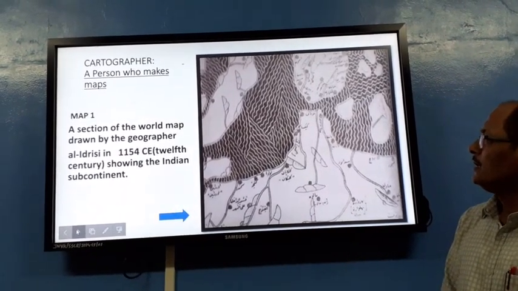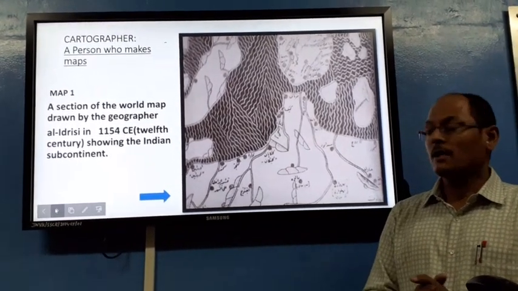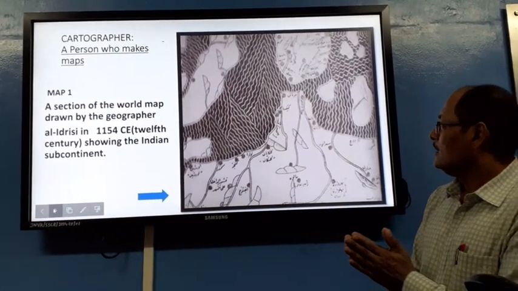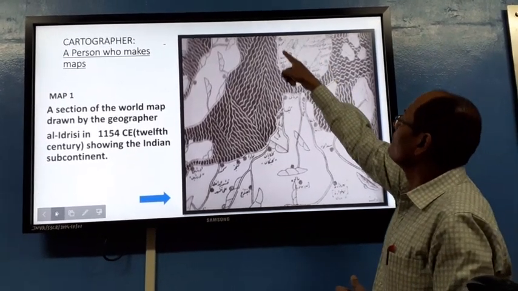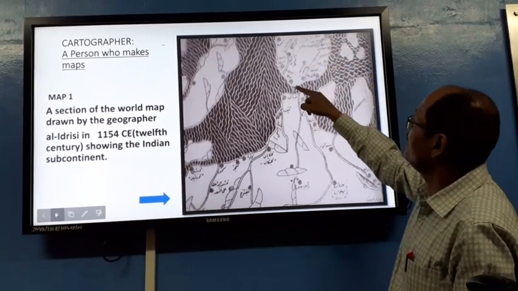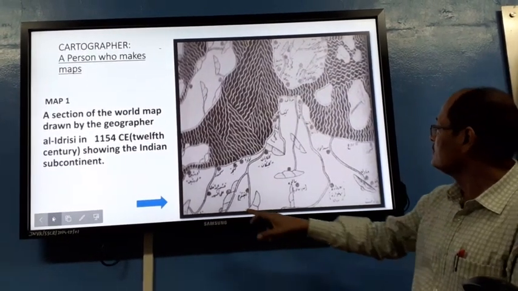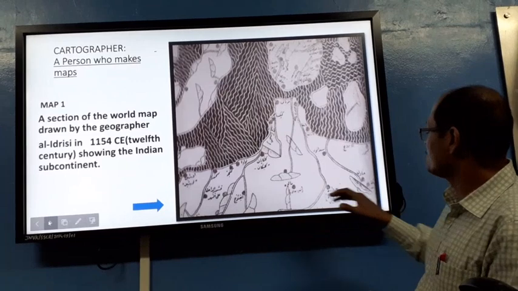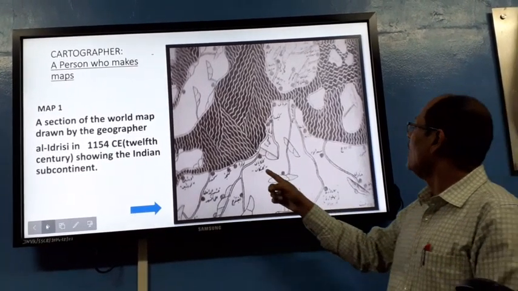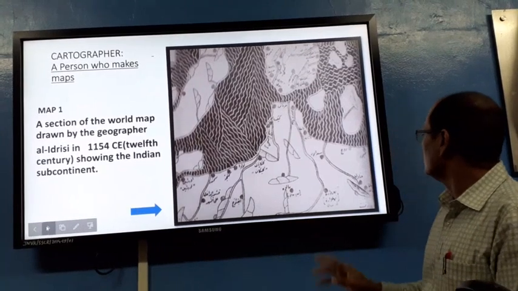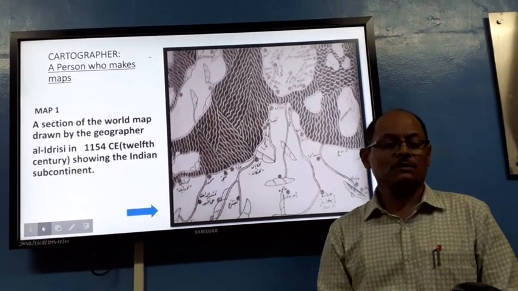As I said, he was an Arab geographer. Here you will see the top side or the upper part is showing the Sri Lankan island, whereas the bottom side is showing the northern part of India. This is in Arabic language and it is written as Kannauj.